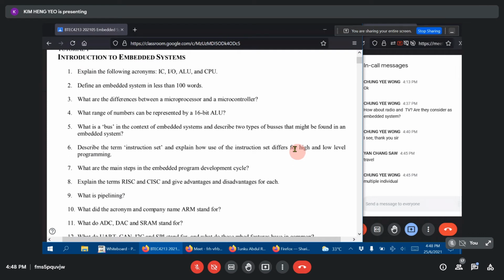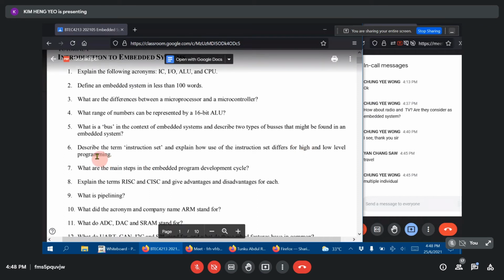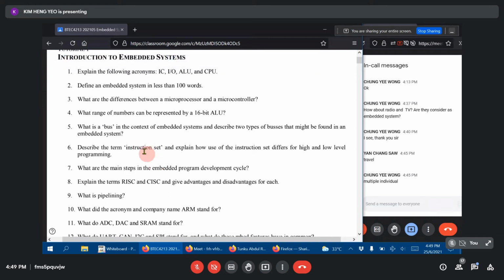But in order for the processor to run your program, you need to compile. Compile means to convert your high level program from those English sounding keywords to the instructions that the processor can understand.